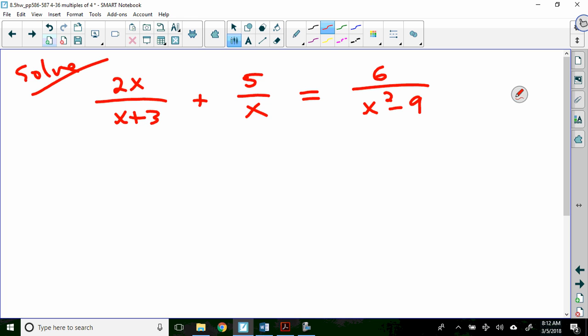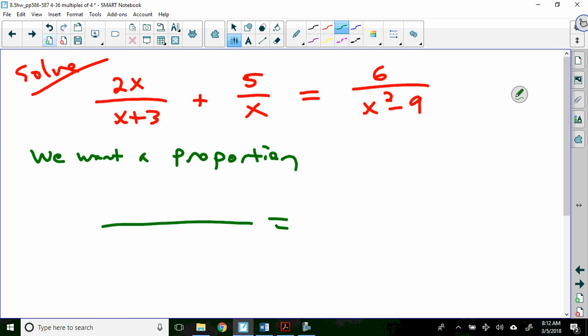And it's really not that bad, but the deal is, ideally, we want a proportion. We want something over something equals something over something.